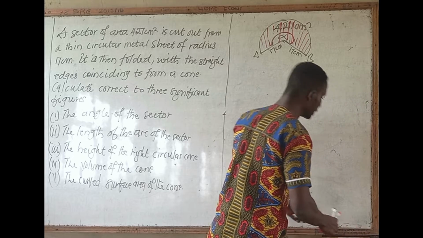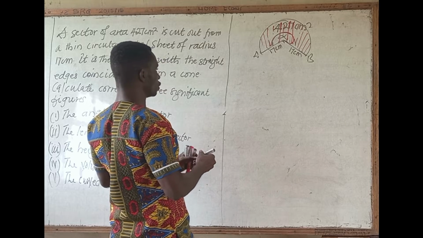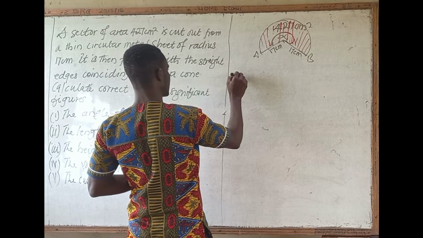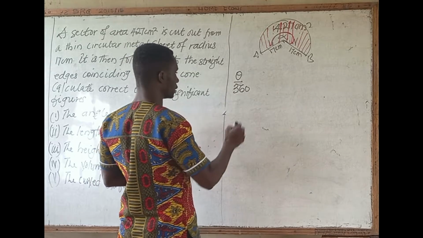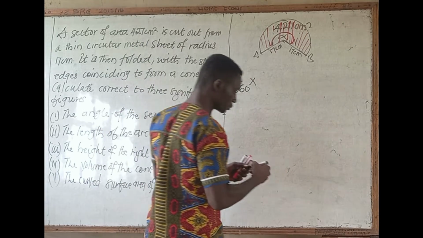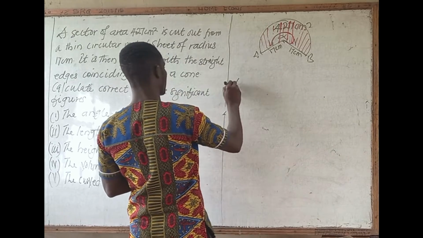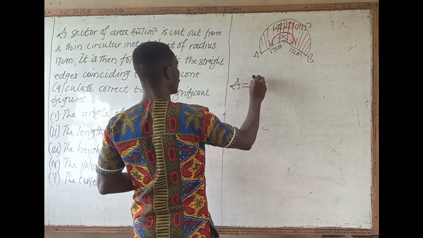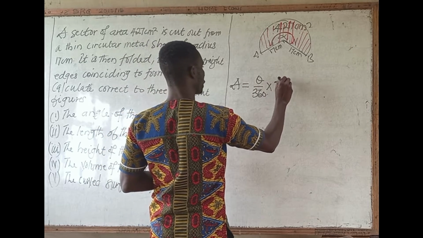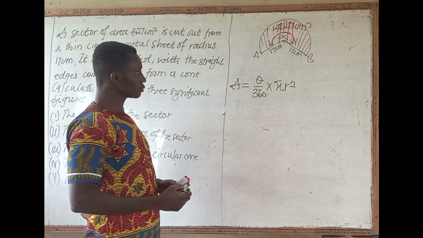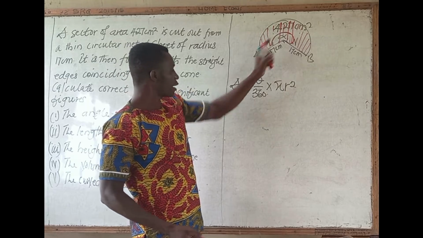And in fact, the area of the sector has been given. The formula for the area of a sector is theta over 360 times pi r squared. The theta is the angle here, which is now alpha.